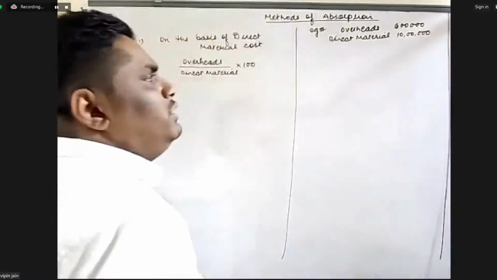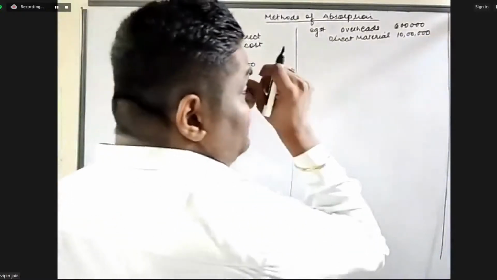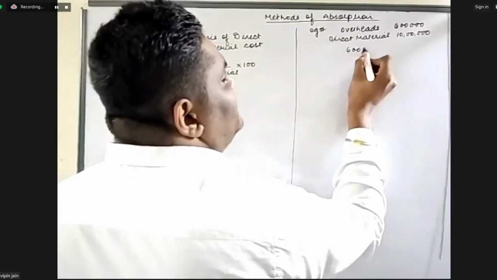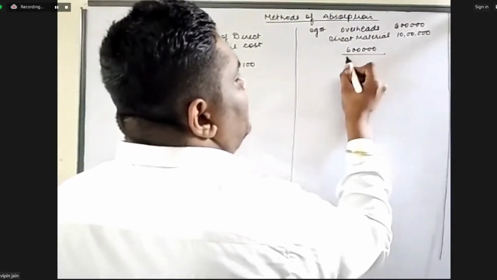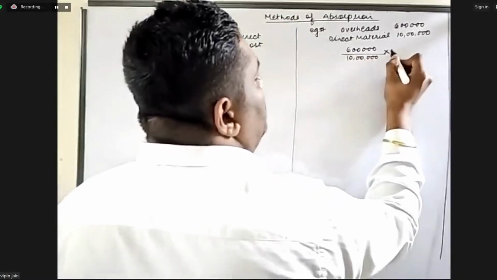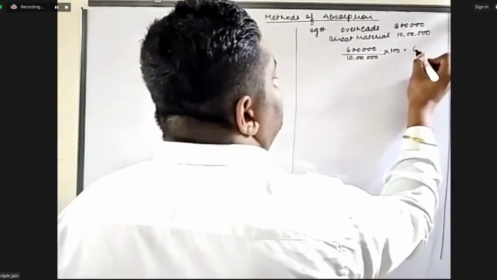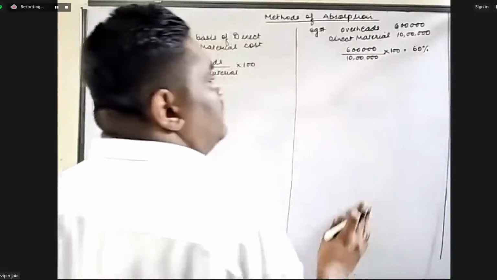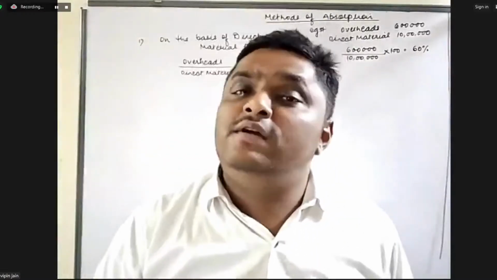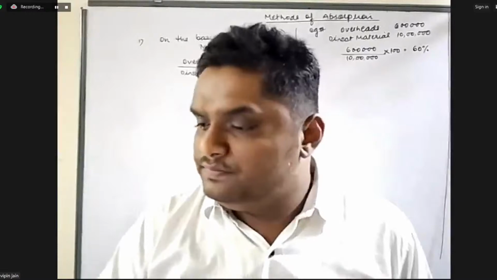So when talking about the absorption rate, we can calculate it in percentage form. That is, overheads, 6 lakh, divided by material cost, 10 lakh, into 100, that is 60%. So what will be the absorption rate? 60% of the direct material cost.